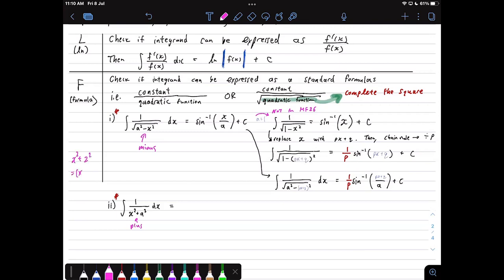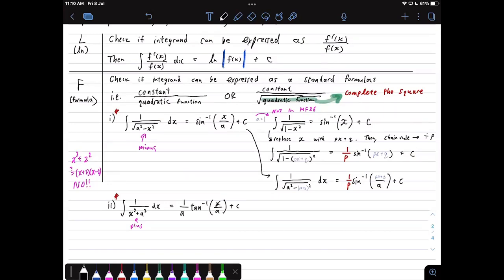Is it x plus 2, x minus 2? Oh, no, it's wrong. Only x squared minus 2 squared can you factorize as a plus b, a minus b. Okay, moving on. So this is a standard formula. Just write it down: 1 over a tangent inverse of x over a plus c.